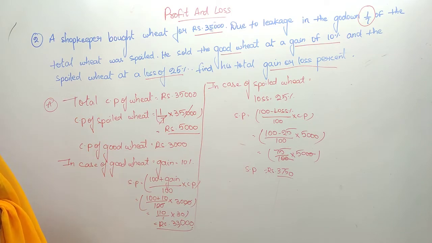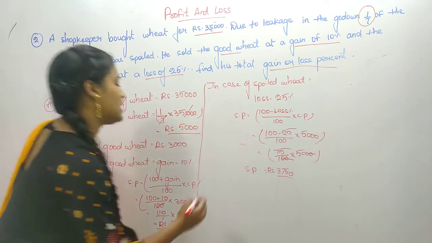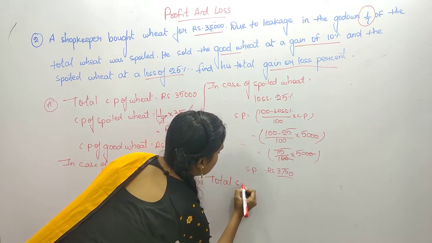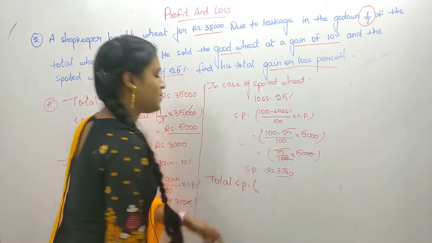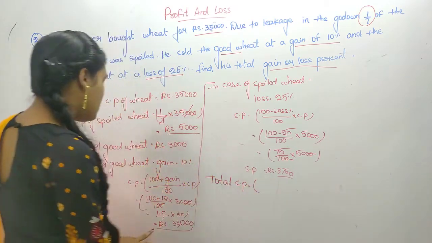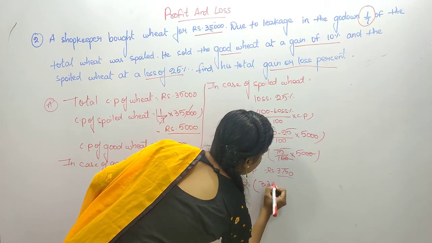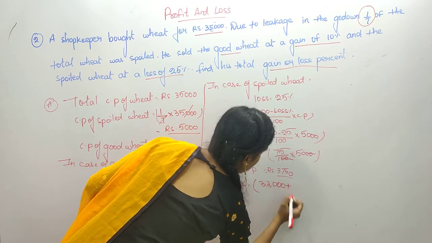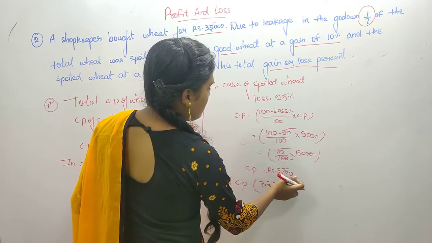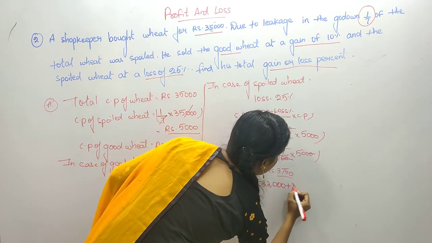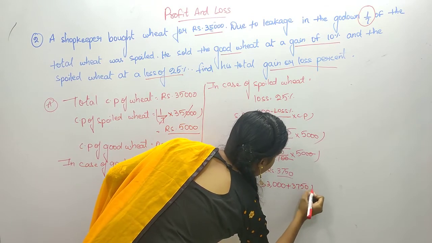Now we will find the total selling price of spoiled wheat and good wheat. The selling price of good wheat is 33,000 plus spoiled wheat 3,750.